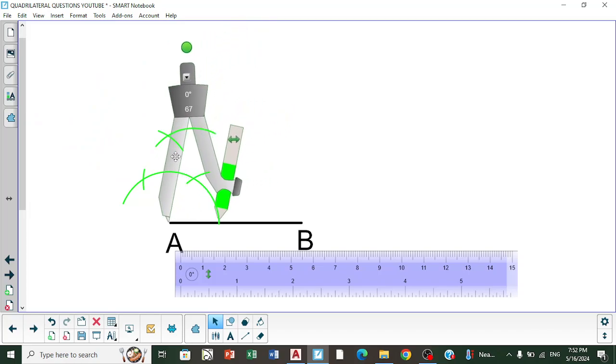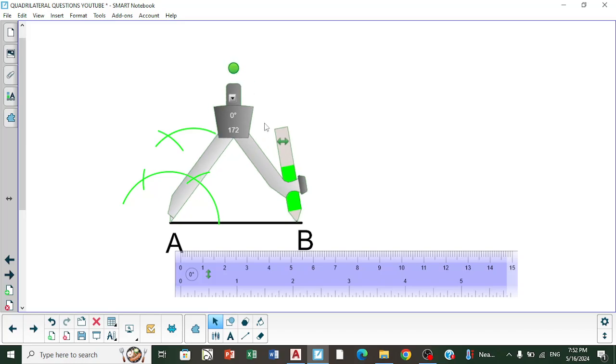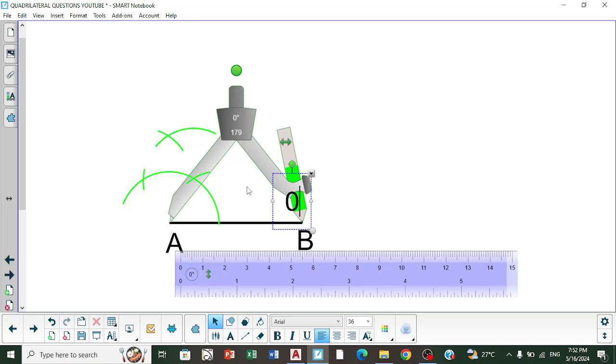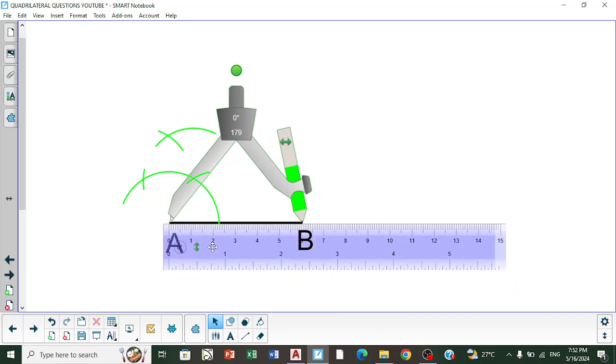I'll then open my compass to the distance of AB. So my compass is open at the distance of AB, which is 60 millimeters.